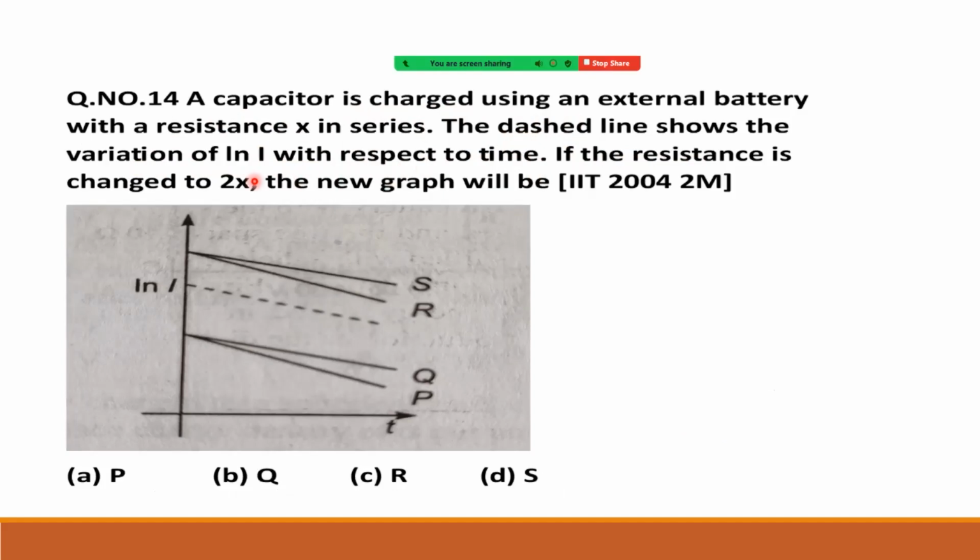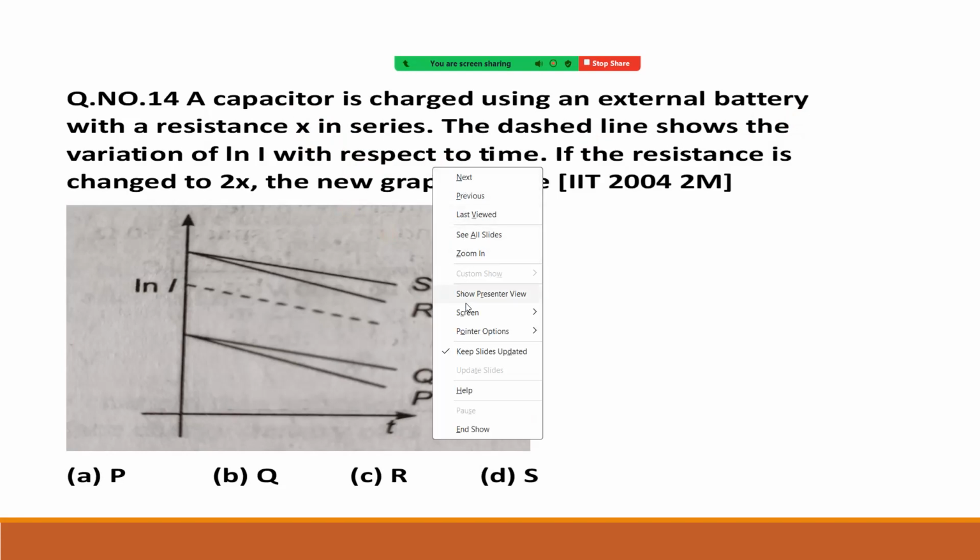If the resistance is changed to 2X, the new graph will be? So a capacitor, there is a battery which is having resistance, means it is an RC circuit. Okay, right. So resistance is doubled. How does the graph change? Let us see the calculation.